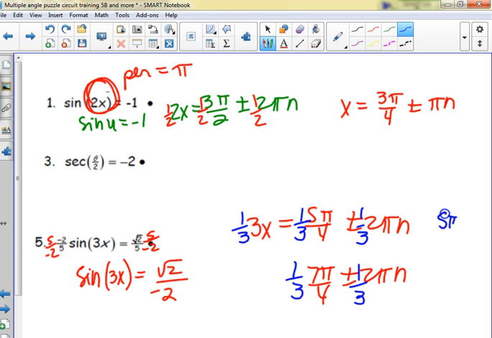So I get 5 pi over 12 plus or minus 2 pi over 3. Does that make any sense? Plus or minus 2 pi over 3? That's what the period would be, right? And 7 pi over 12 plus or minus 2 pi over 3n. Okay, pretend you can read that. Are we good? Is that one of the choices?